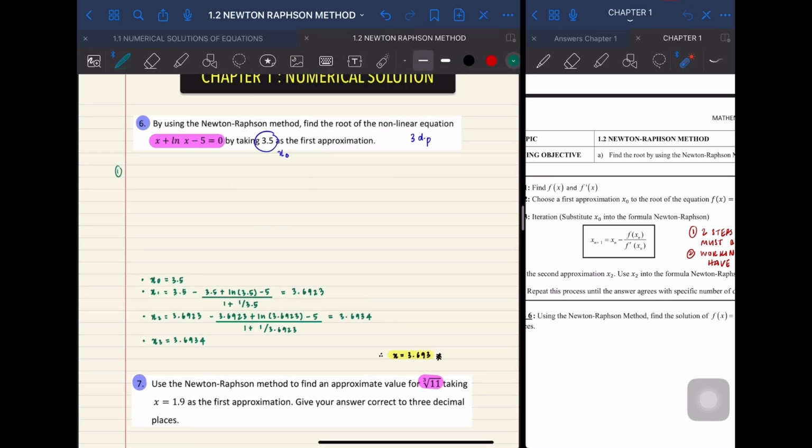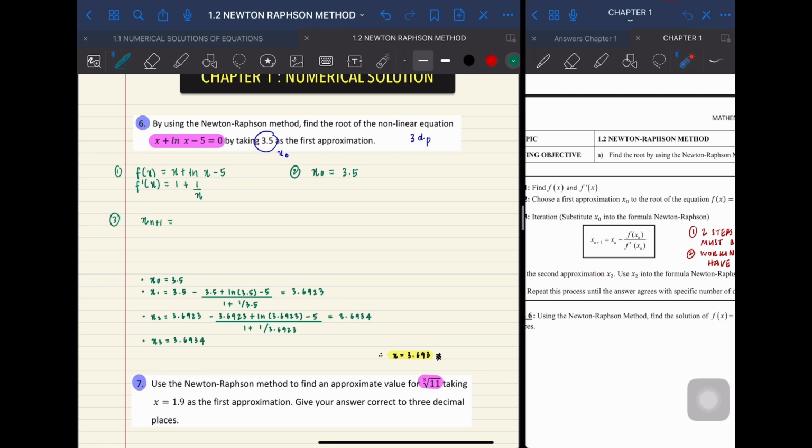Number 1, you need to have your f(x). Since the right hand side already becomes 0, this is your f(x). You can let your f(x) become x plus ln x minus 5. Then find the derivative, so you need to differentiate, and it becomes 1 plus 1 over x. For the second step, you have the first approximation, which is 3.5. For the third step, you just need to insert into the formula.